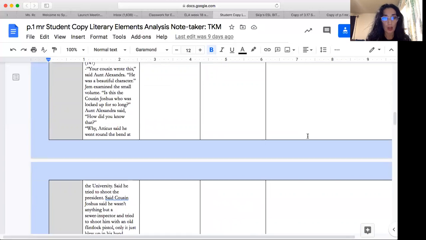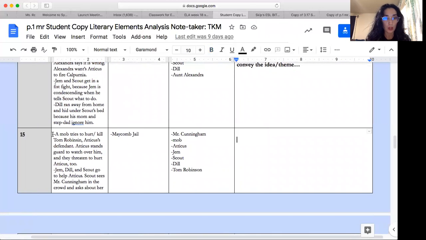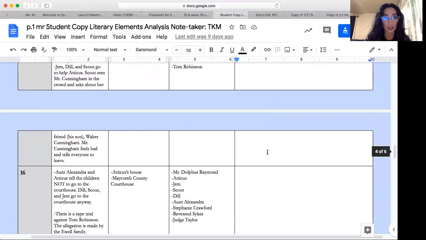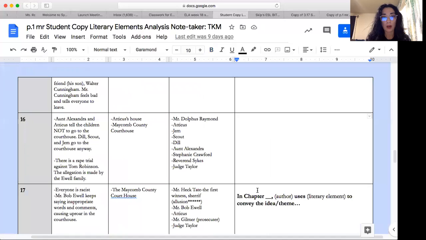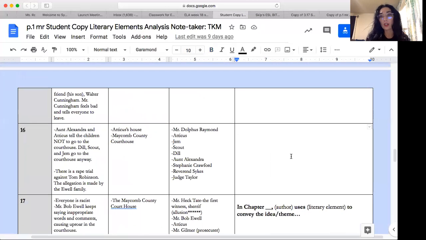And then I have a chapter where I was analyzing conflict with Tom Robinson, where the racist people in Maycomb wanted to go lynch Tom Robinson, and Atticus was protecting him. And then I want to talk about character with Dill, where Dill says that mean thing to Atticus and Scout punches him in the face and she gets in trouble. So I want to talk about those three things.